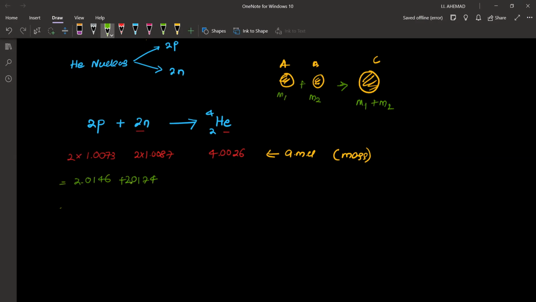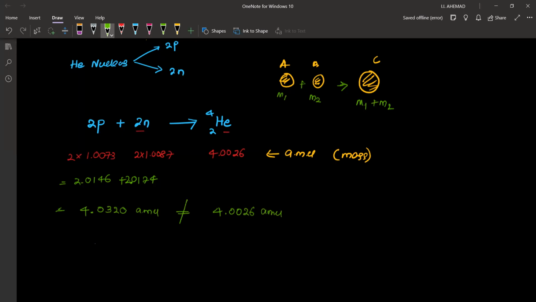If I add these two together, I get 4.0320 AMU. And here we have 4.0026 AMU. Are they equal? They are not equal, right? There is a reduction in mass.